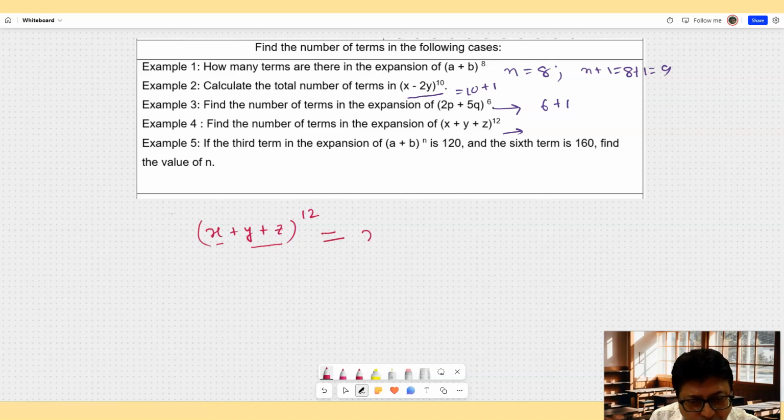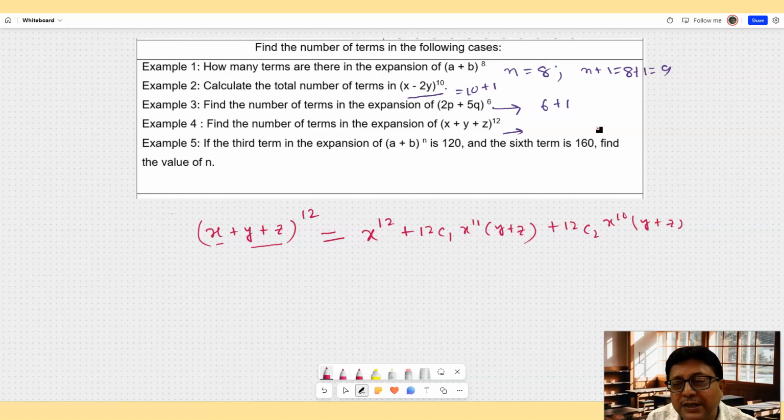So if we go by binomial expansion, it is 12c1 x to the power 11 y plus z. Next one, 12c2 x to the power 10 y plus z whole square. It continues in this manner, and the last one is z to the power 12.